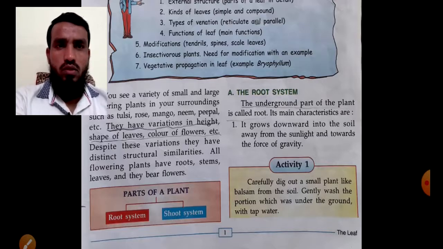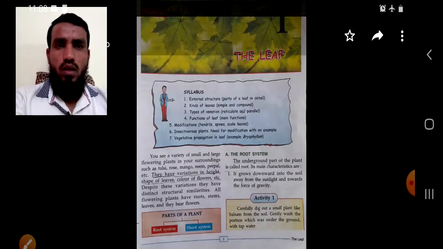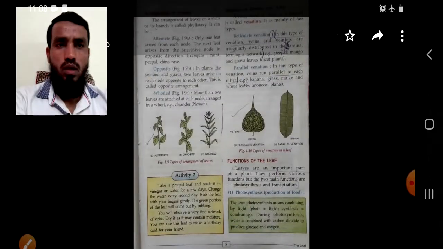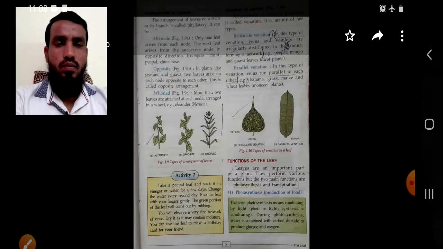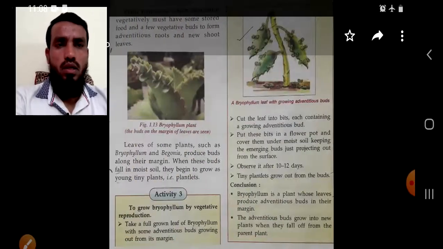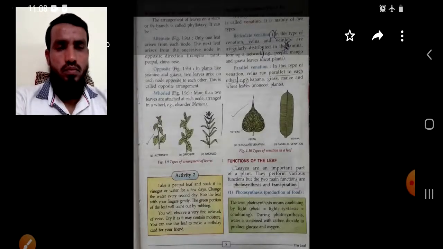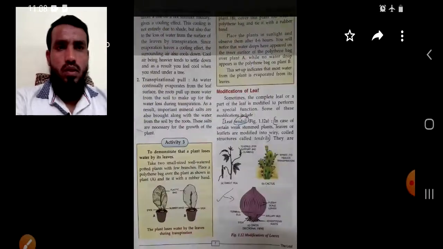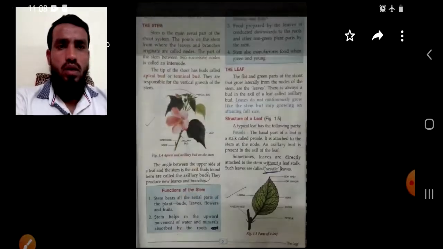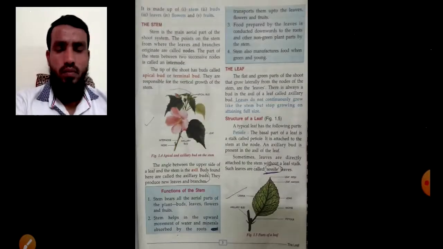So you have to remove it carefully, and then follow the next part given here, and then we will continue with our next activity.